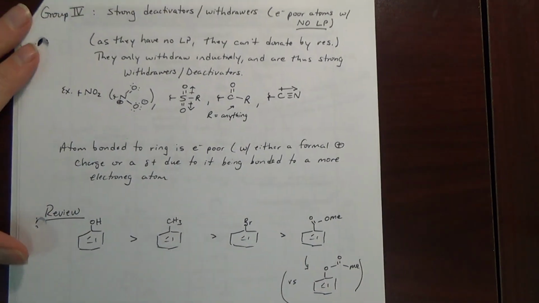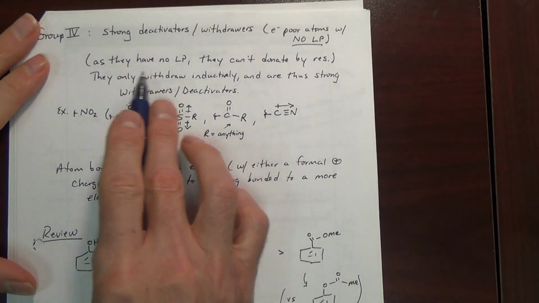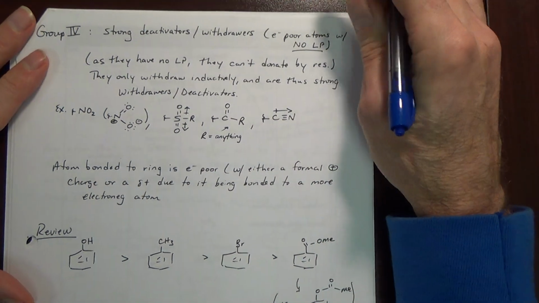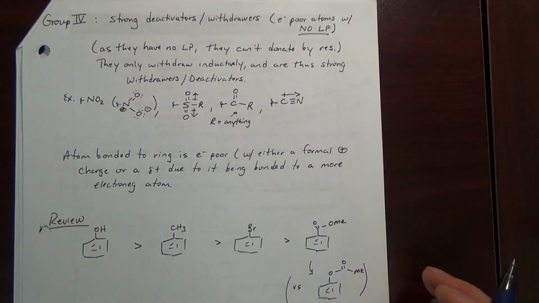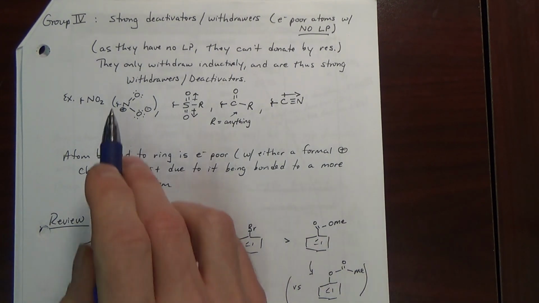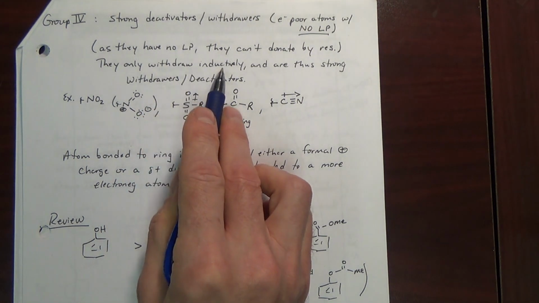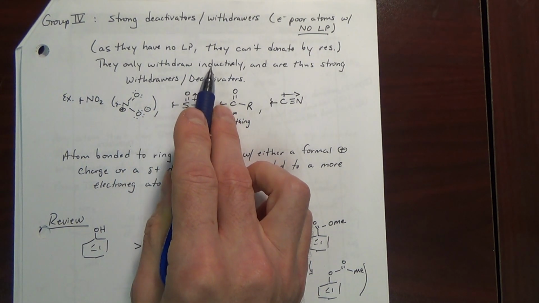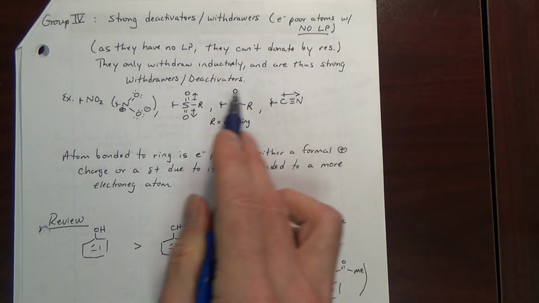So no lone pair. And as they have no lone pair, they can't donate by resonance. They only withdraw inductively. And thus the withdrawal is their main effect, and it's thus a strong effect.